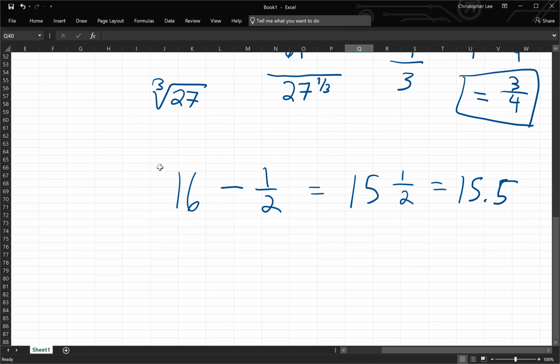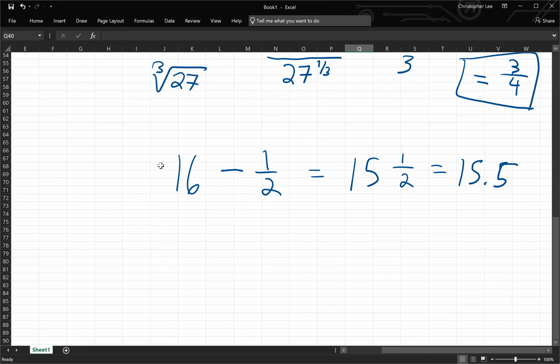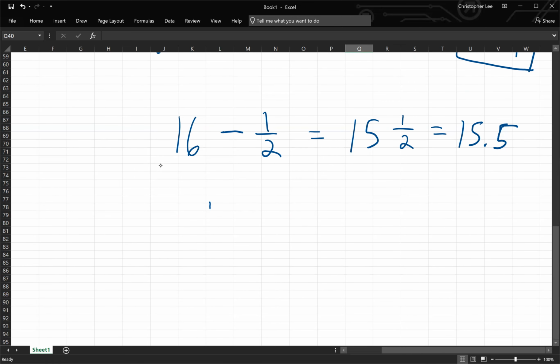Usually you have -1/2. This is 16 raised to the -1/2 power. That's what you say. So 16 raised to the -1/2.